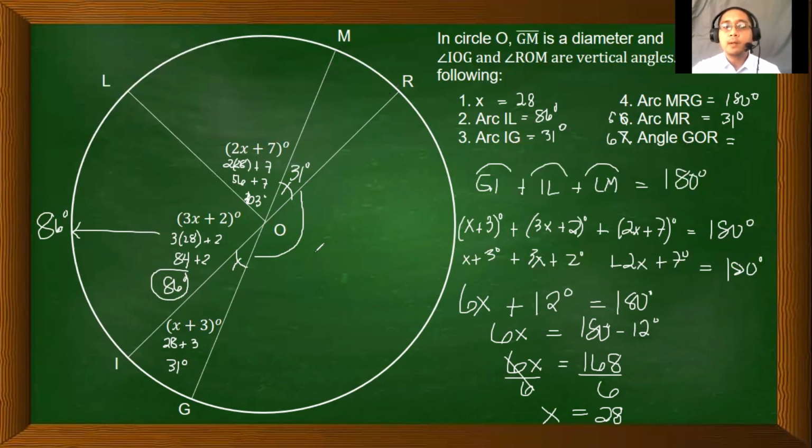So if we subtract the measurement of angle MOR, which is 31 degrees, from 180 degrees, we will get the measurement of angle GOR. And the result is 149. So angle GOR is equivalent to 149 degrees.